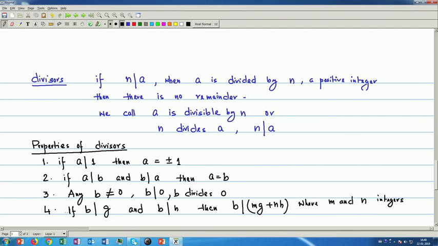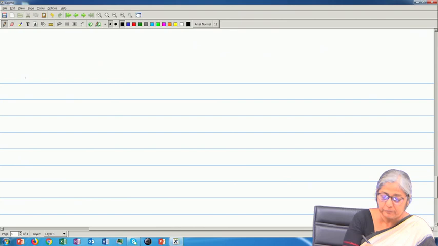So, we can explain that fourth property, because the properties 1, 2 and 3 are very trivial, all of us know that. So, we just explain the property 4.